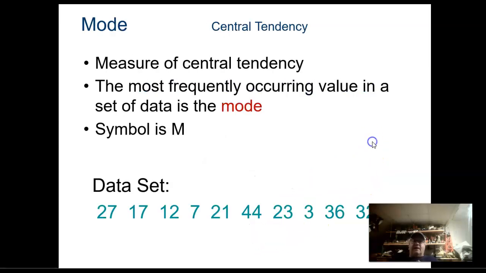Now, as we talk about the next item, as far as measuring our central tendency, we're going to talk about the mode. Again, the definition of the mode is the data value that occurs most frequently. The symbol here is what we're going to be referring to as an M. So again, we're taking our same data set now as we go.